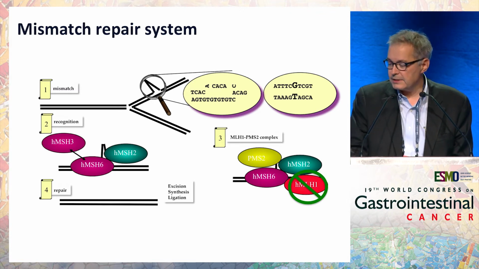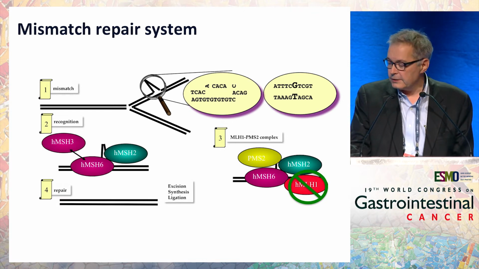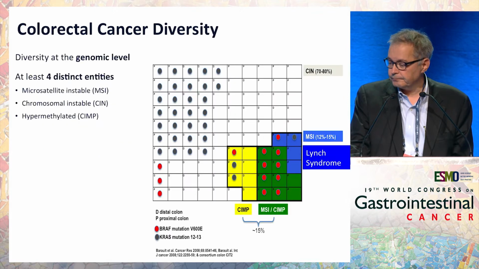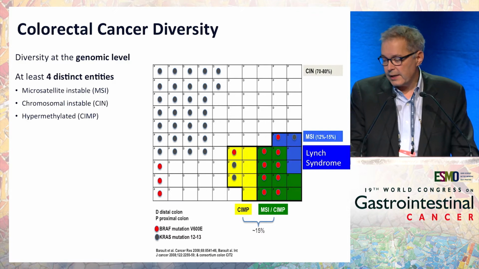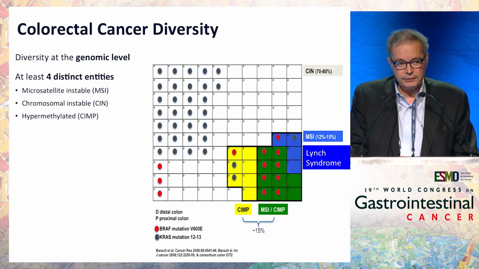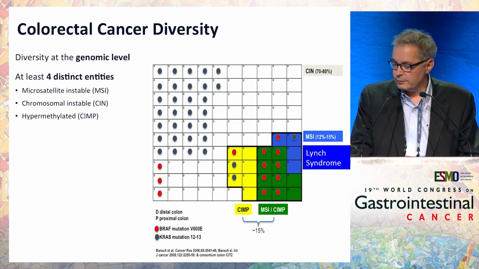So you have this MSI phenotype due to a hypermethylation of the promoter region of this gene. This hypermethylated phenotype accounts for approximately 15 to 20% of the tumors.